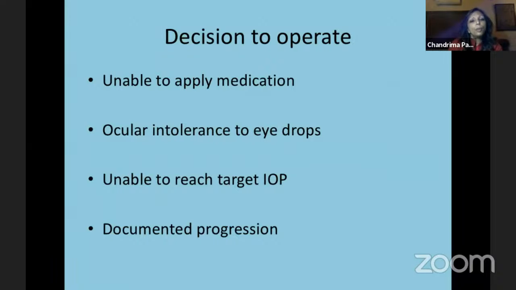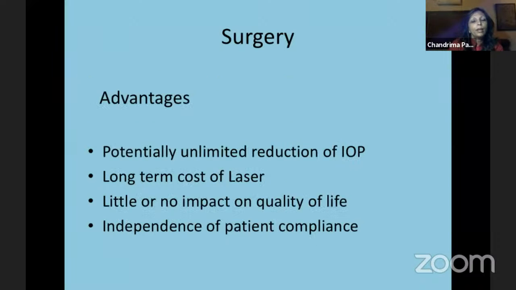The decision to operate depends on the patient being unable to use the medicine, ocular intolerance to the drops, being unable to reach the target intraocular pressure, and when there is documented progression. For surgery, the advantages are potentially unlimited reduction of intraocular pressure, long-term cost of laser, etc. is saved, little or no impact on quality of life.